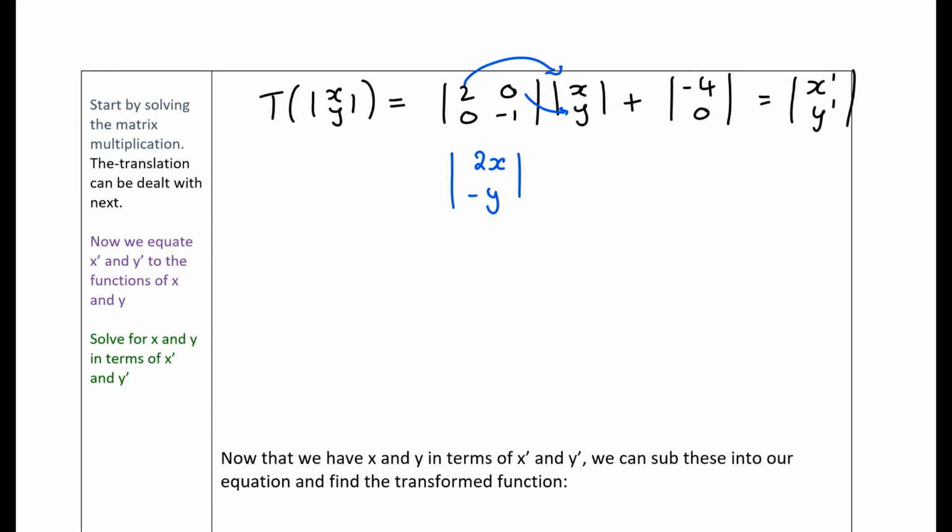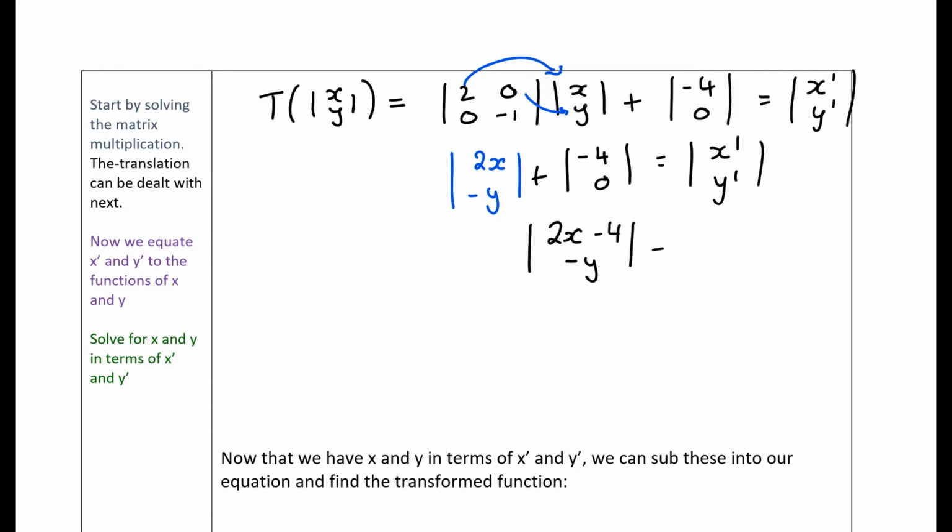And so now I've got this, and I still need to add -4, 0, and I know that will equal a new x and a new y. In order to add matrices, that's a lot easier. I just need to say 2x minus 4, -y plus 0. So this is 2x minus 4 on the top, and it's -y, and that equals new x and new y.